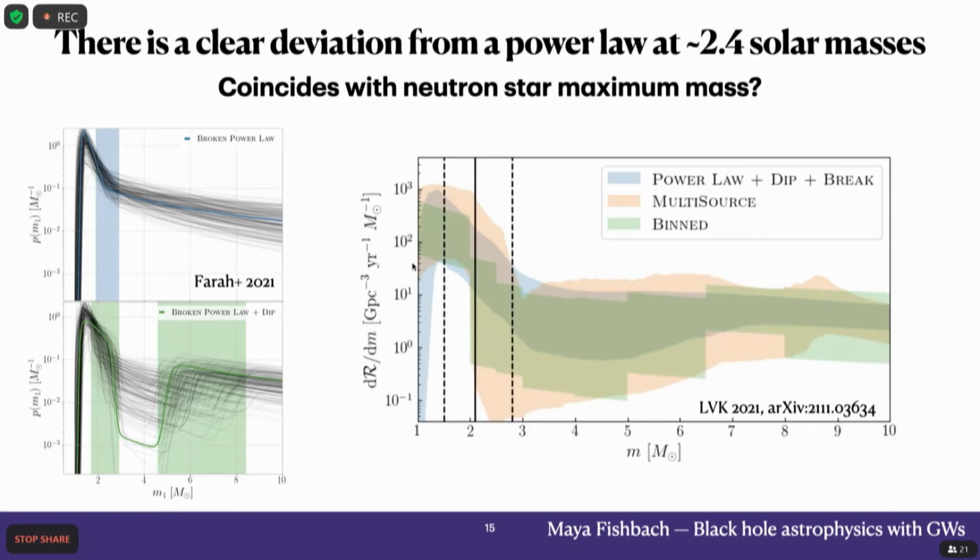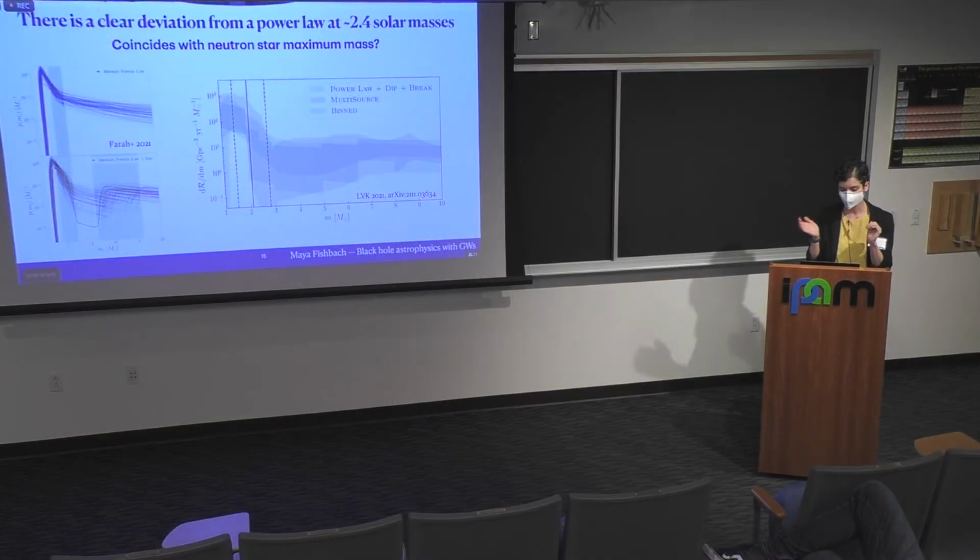And Amanda found, when she updated this fit, that even with these new events, where we have a lot more events at low masses, there's still a clear deviation from a single power law. So we cannot fit one power law from neutron stars up to the lightest black holes at up to 30 solar masses or so.